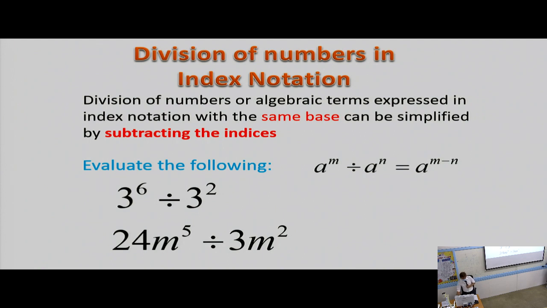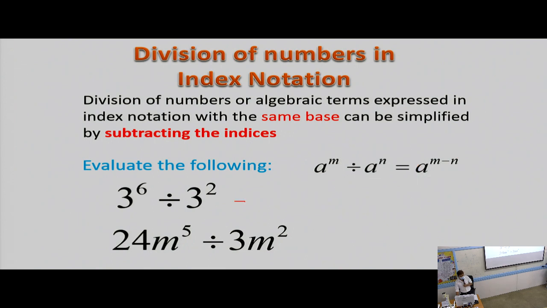If you look at this, a to the power of m divided by a to the power of n, as you can see, they have the same base, which is a. Since this is division, we are going to subtract the exponent. You just copy the base, but subtract the exponent.